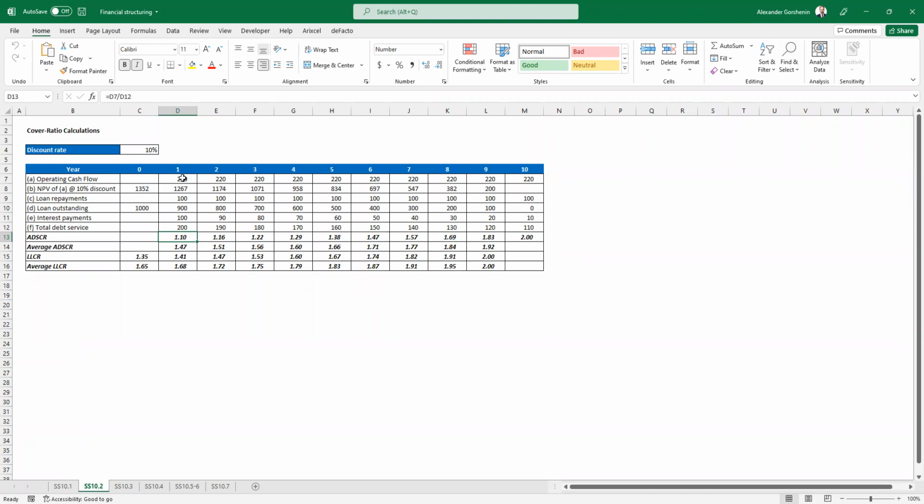We have the operating cash flow divided by the total debt service, which leads us to the ADSR. We have the average for the ADSR, that's the average for the years that have passed. And we have the LLCR, that is the NPV divided by the loan outstanding, and the same for the average LLCR for the rest of the life. Okay, switch back to the presentation.